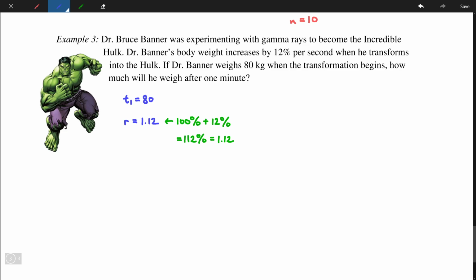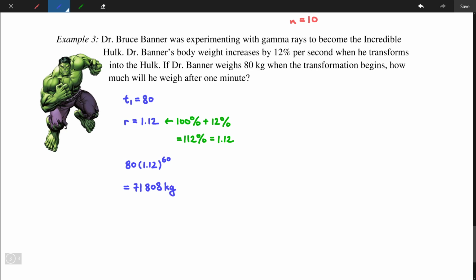So if we are to find the final weight, then this will be 80 times 1.12 raised to the 60th power, which is equal to, might have to round here. Use a calculator for this part. Okay, let's round it to the nearest kilogram and we'll get 71,1808 kilograms.